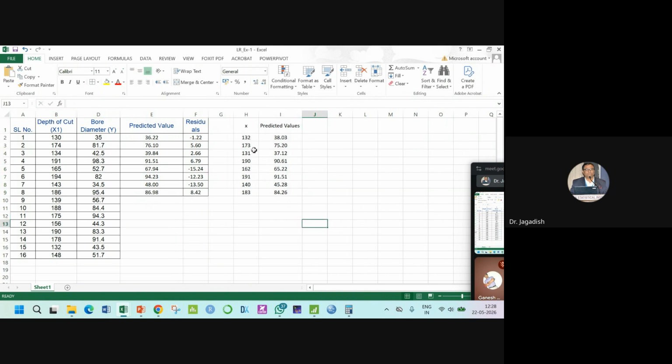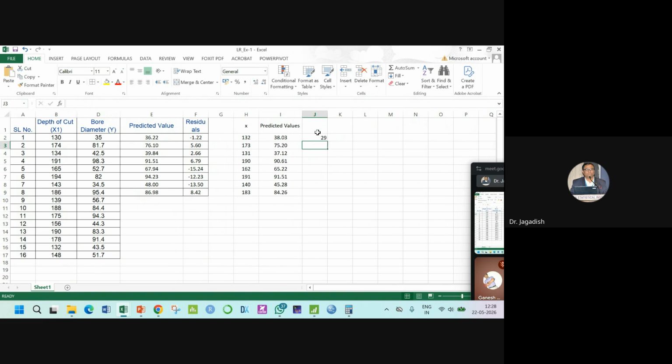Suppose I set in the CNC machine 132 RPM and a depth of cut in mm, then you will not get 38. This is a predicted value. You may get around 75% of that, approximately 28 or 29, something like that. Approximately, I'm telling, around 80%.